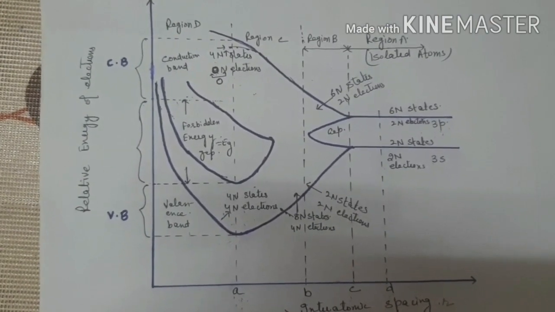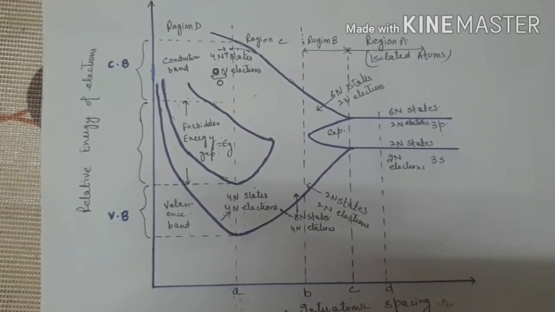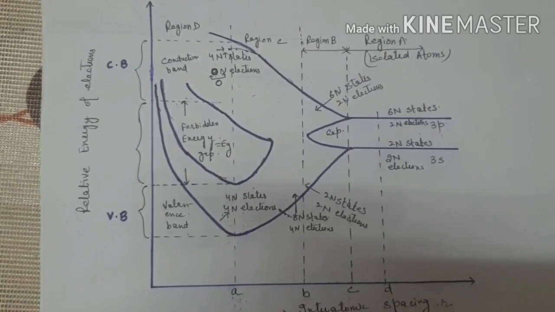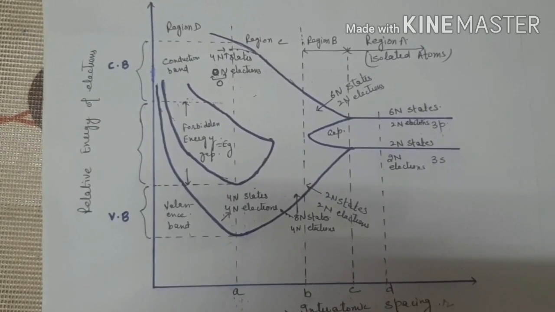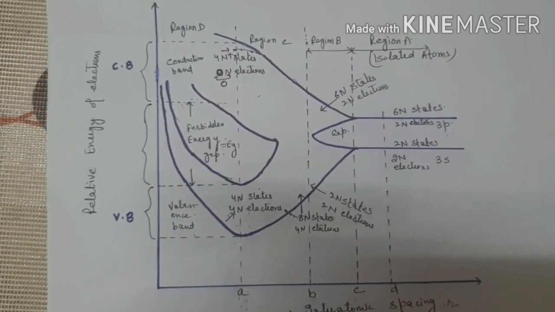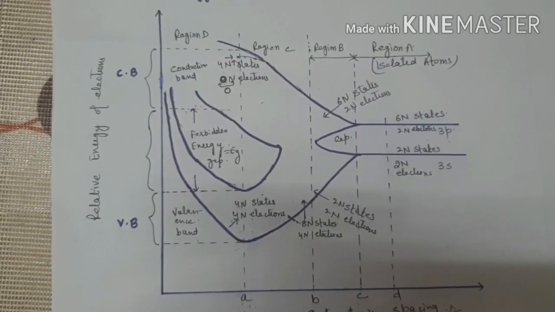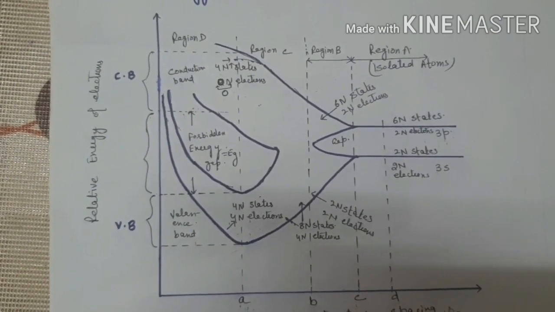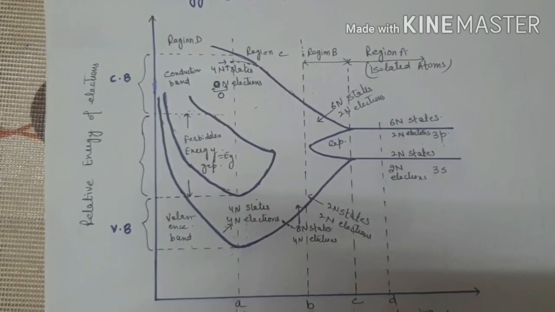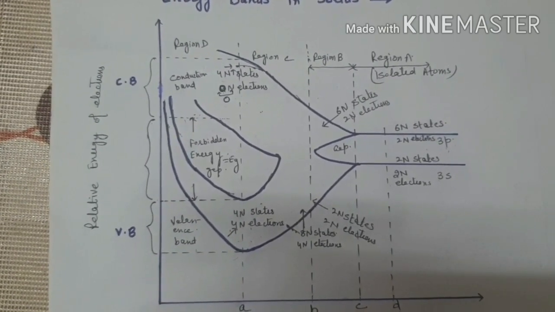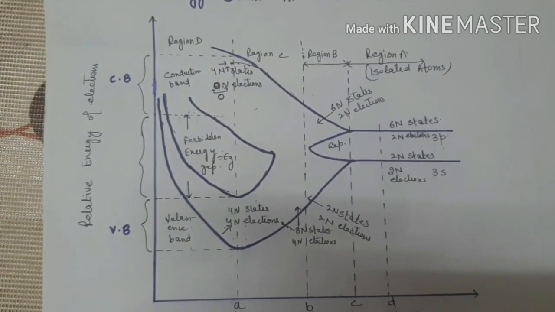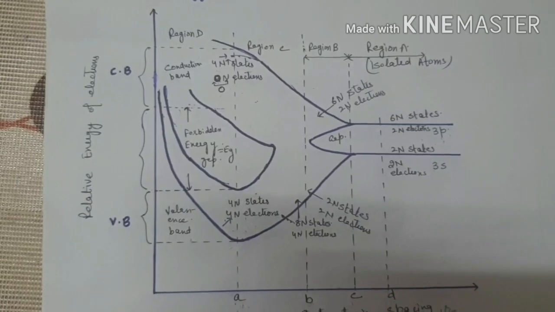Means when atoms are close to each other, there are a number of forces between them, attractive and repulsive also, so their energy levels are modified. Or we can say that energy levels of outer shells of the atoms get modified, while there is only a little modification in the energy levels of electrons in the inner shells of the atoms.